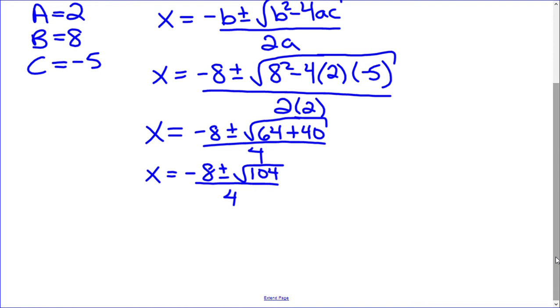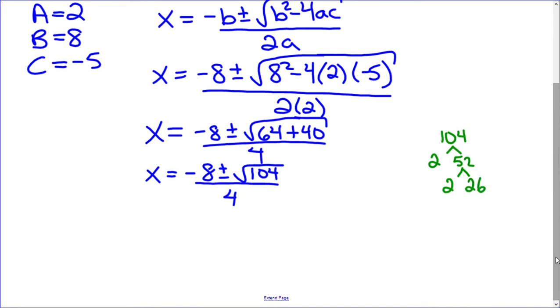And so we have to check and see if this 104 can reduce down into something that we can factor out. So if we take a look at 104 and try to see what it has for multiples, can I find a multiple that has a perfect square? Because if I can, then I can take the square root of it. So 104 can be broken apart into 2 and 52, which can then be broken apart into 2 and 26.